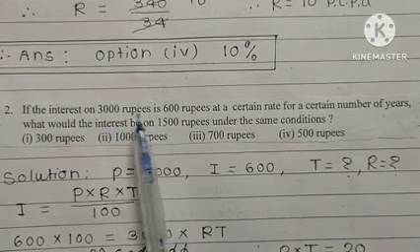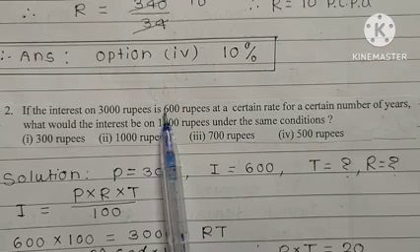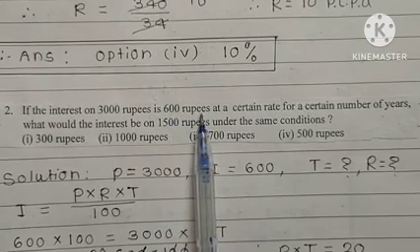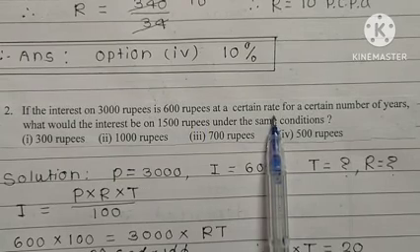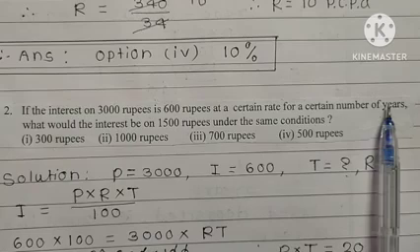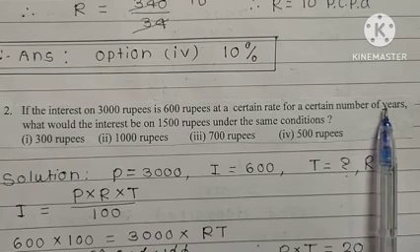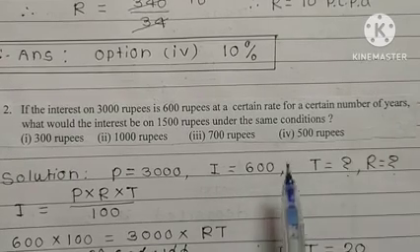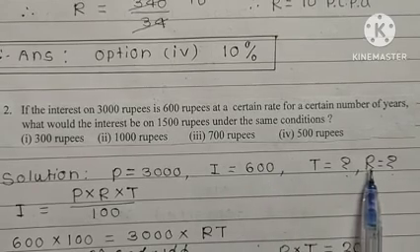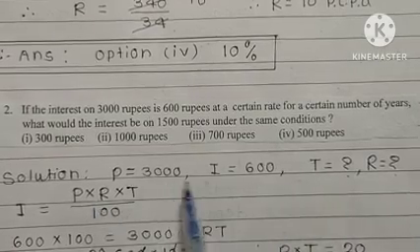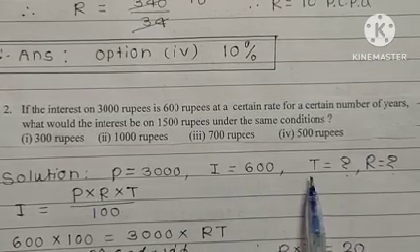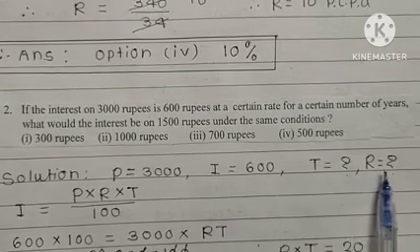And interest is 600 rupees. Now rate of interest we don't know, and number of years also we don't know. That means we don't know R and we don't know T. P is equal to 3000, I is equal to 600, T don't know, R don't know.